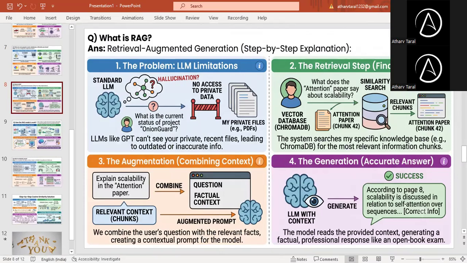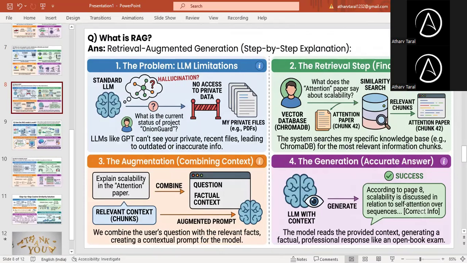We give the LLM the question plus the retrieved text we just found as the context. The generation: finally, the LLM reads that context and generates the answer because it has the facts right in front of it. The response is much more grounded and accurate.